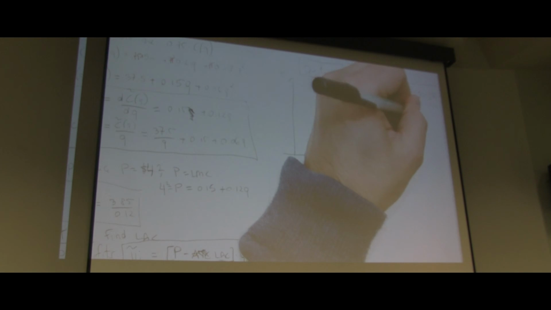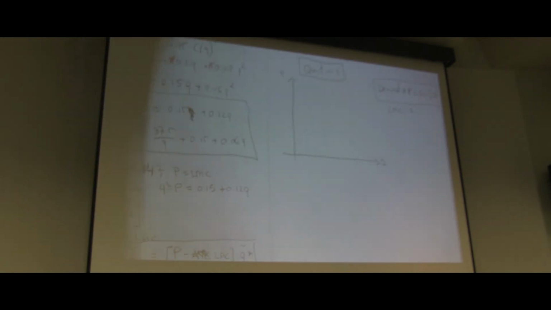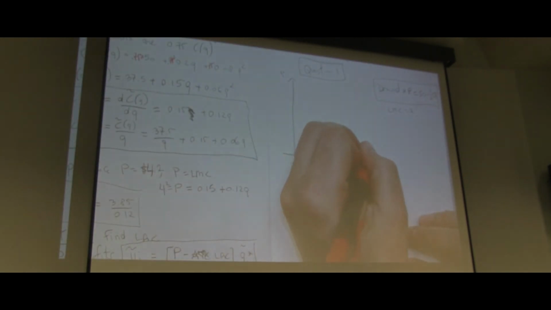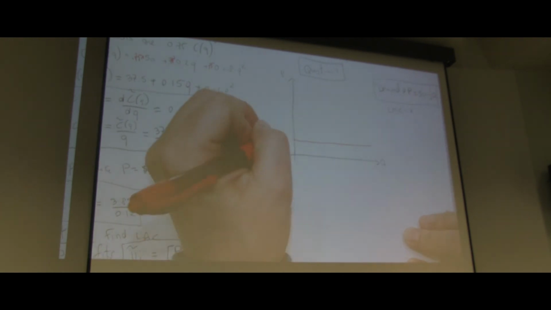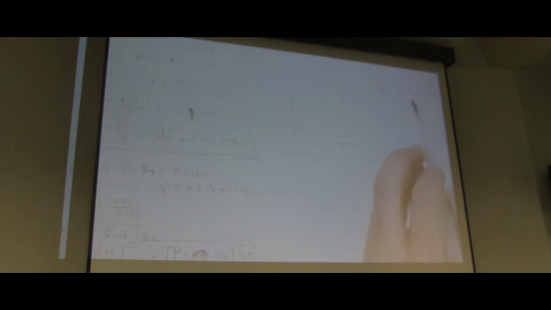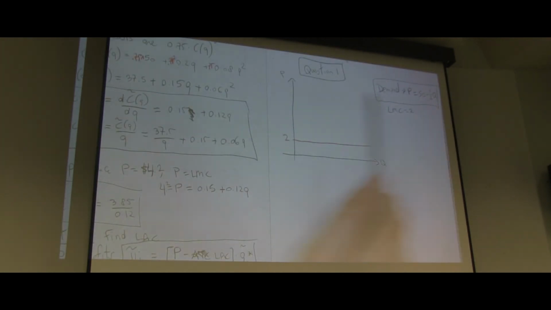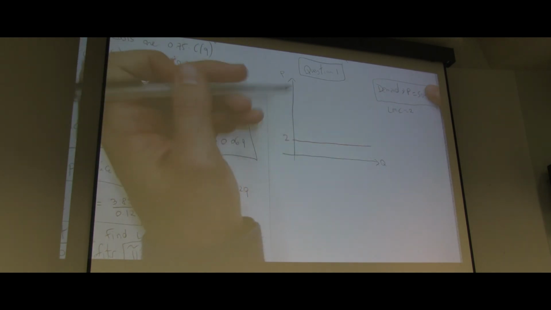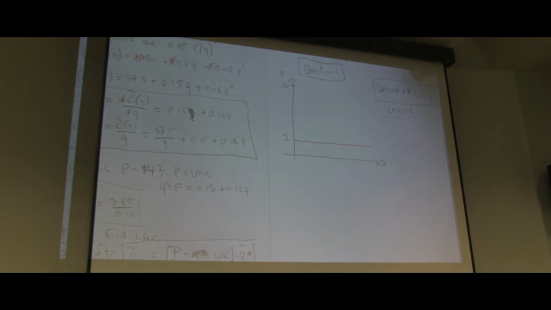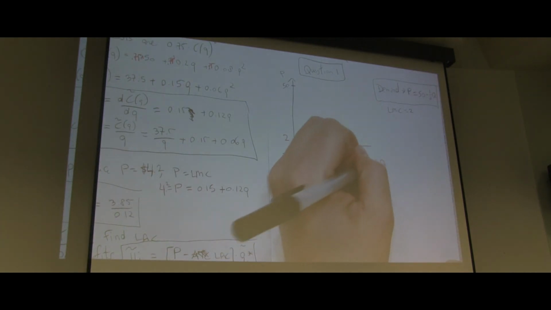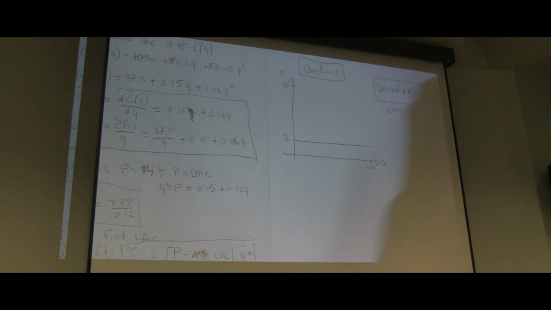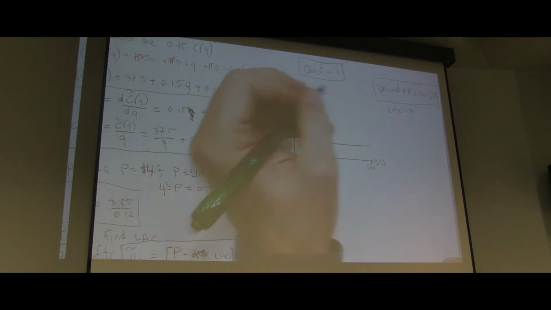LMC is equal to 2. When Q is 0, the price is 50. When the price is 0, the quantity is 100. Okay?